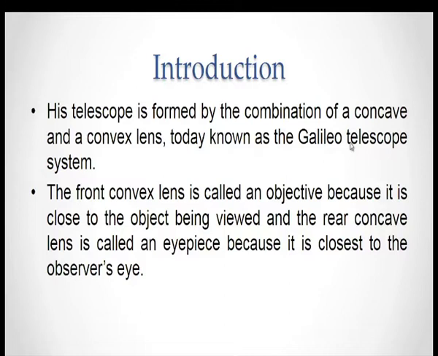In that, the convex lens is mounted nearer to the object. So, the front convex lens is called an objective because it is close to the object being viewed, and the rear concave lens is called an eyepiece because it is closest to the observer's eye.